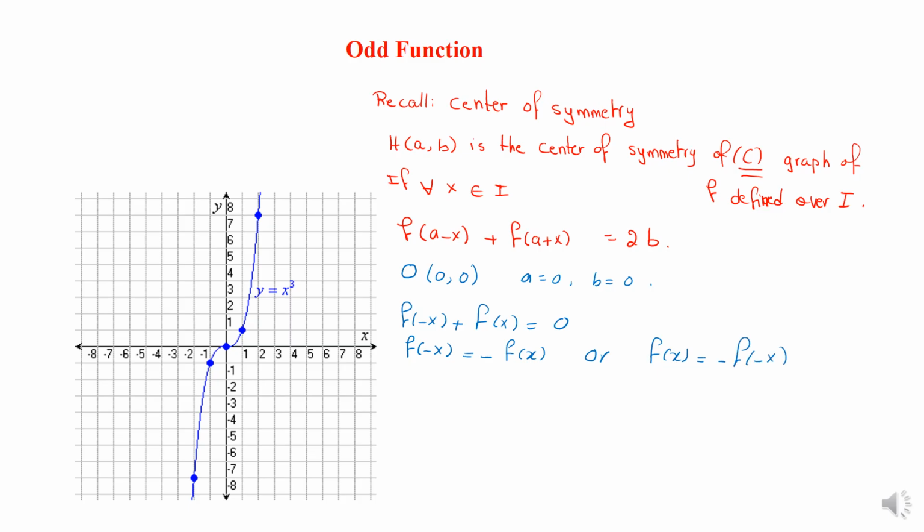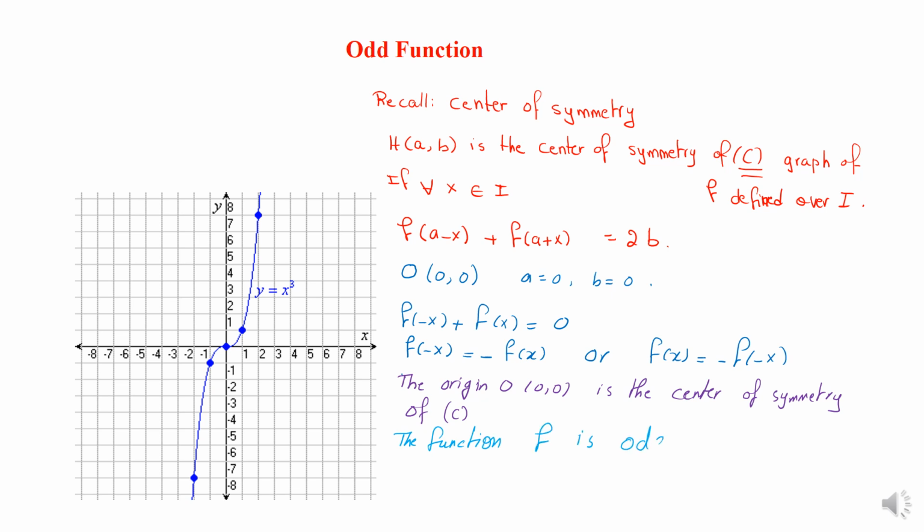In this case, we will say that the origin O (0, 0) is the center of symmetry of the graph C, and the function f here is said to be an odd function.